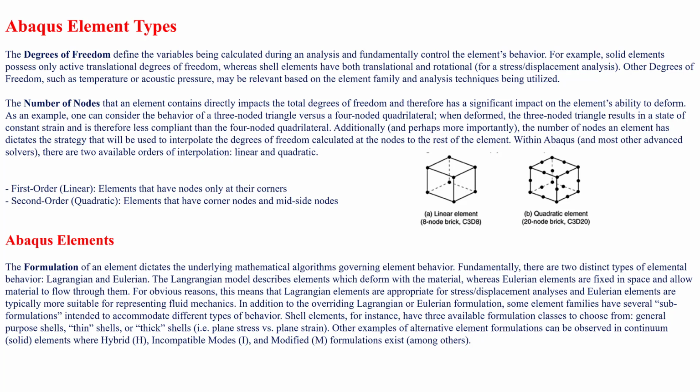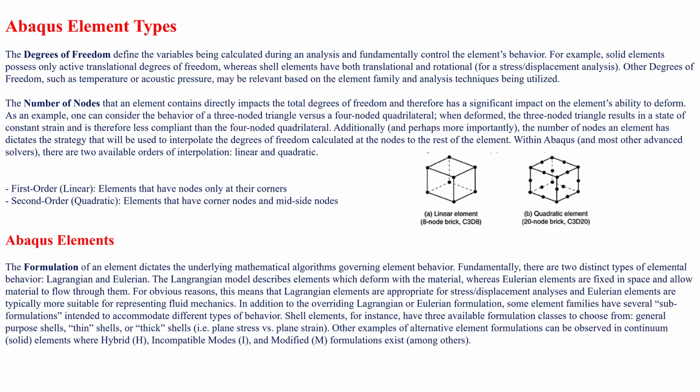When it comes to the distinct element types, there are two: the Lagrangian and the Eulerian. Very important. For static analysis and stress and displacement analysis, we're going to consider the Lagrangian model, which describes elements that deform with the material.